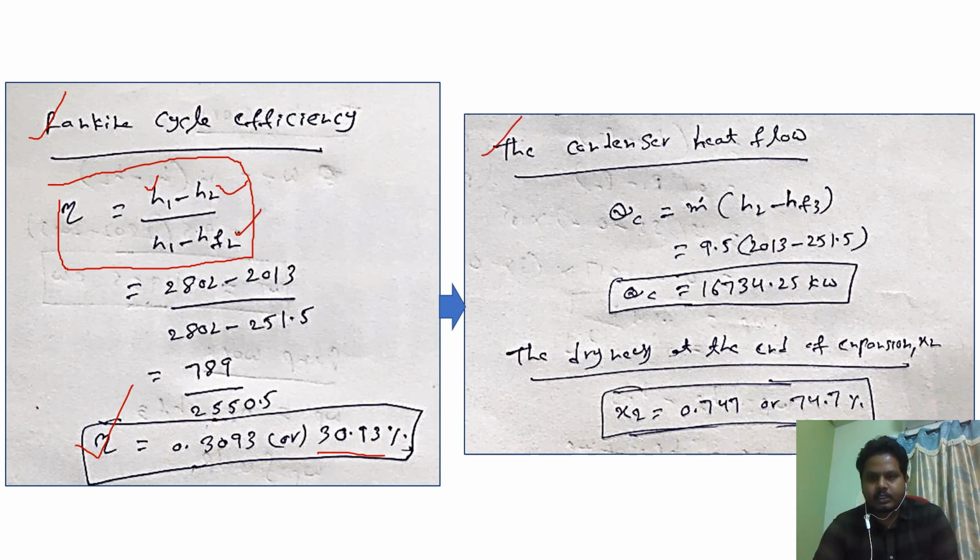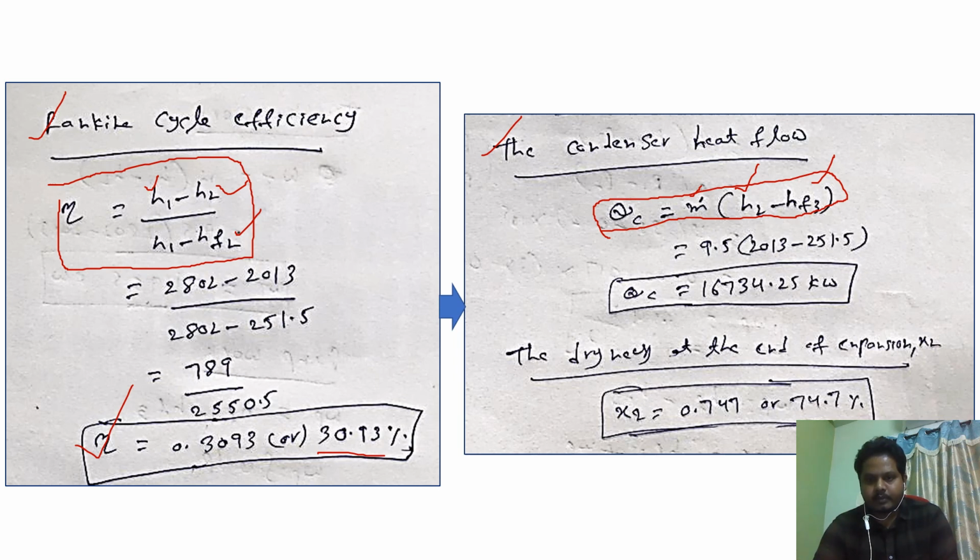The other question is condenser heat flow. Q equals m dot into (h2 minus hf3). Here m dot is the mass flow rate, the h2 enthalpy at point 2 we have calculated, and hf3 we have taken from the steam table.